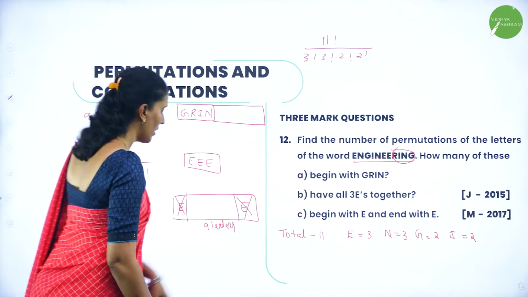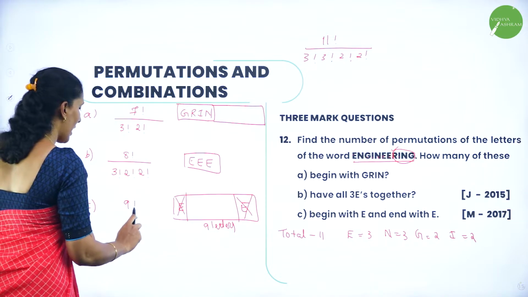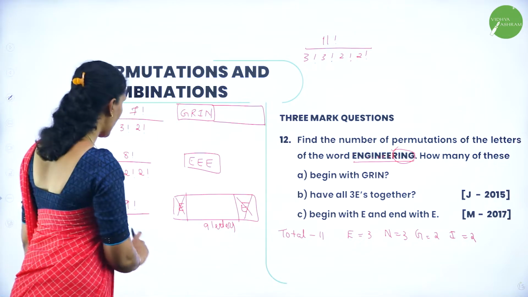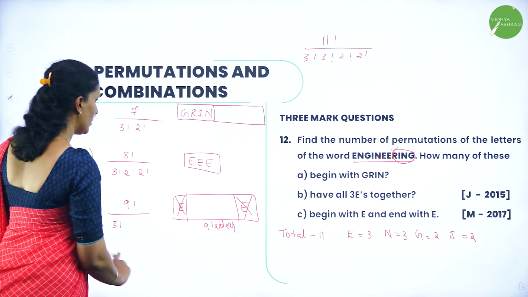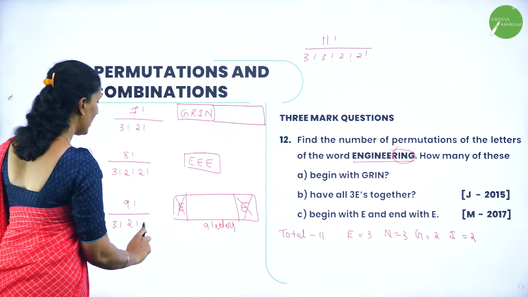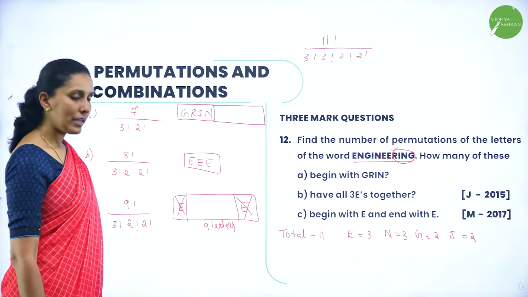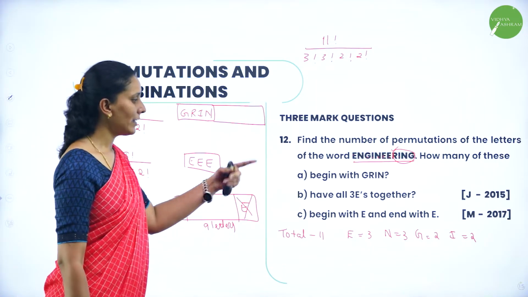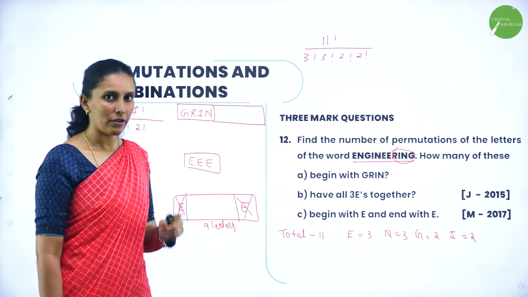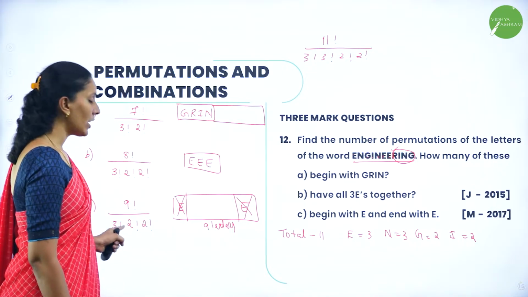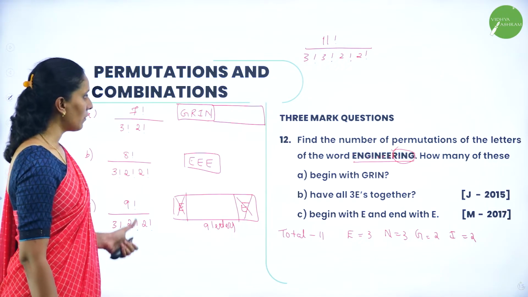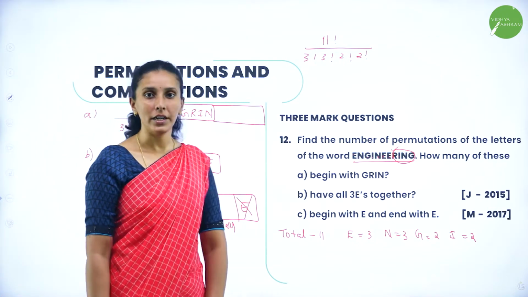That means 9 factorial, and out of 9 factorial we have N 3 times, G 2 times and I 2 times. And E will be single because the 2 E's are given for the end and the beginning. So therefore we have only one E left and we can't divide it as 1 factorial. So this is the total number of arrangements for the given conditions.